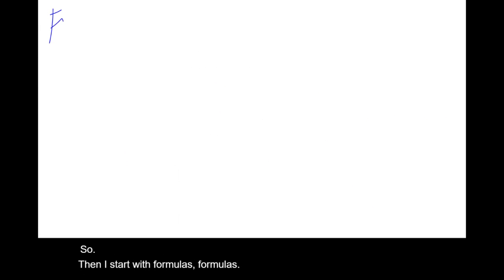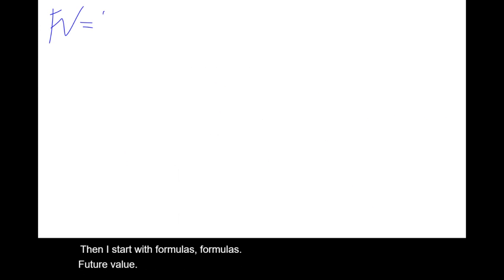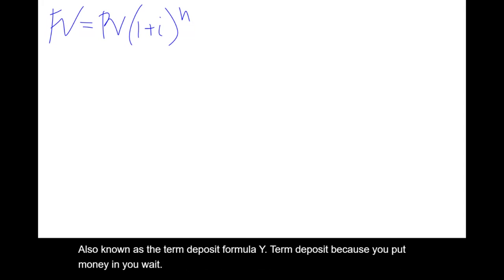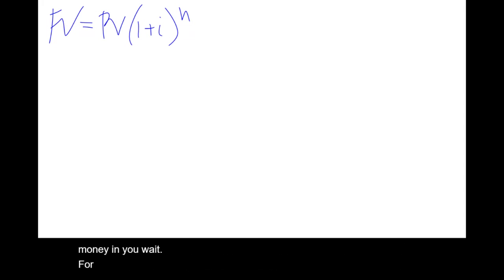Okay, so future value, also known as a term deposit formula. Why term deposit? Because you put money and you wait for the agreed term. That's it. So present value.